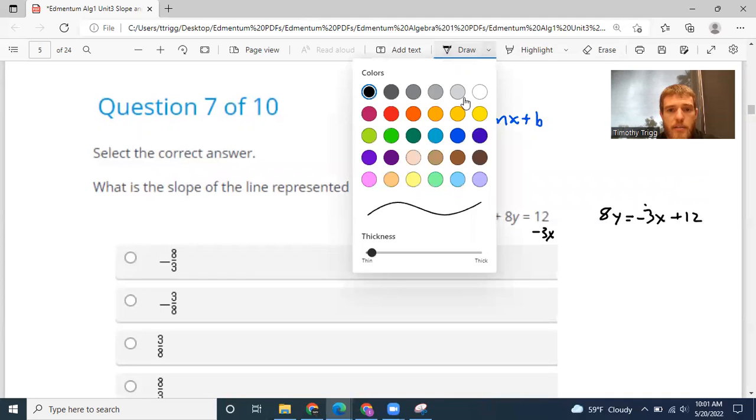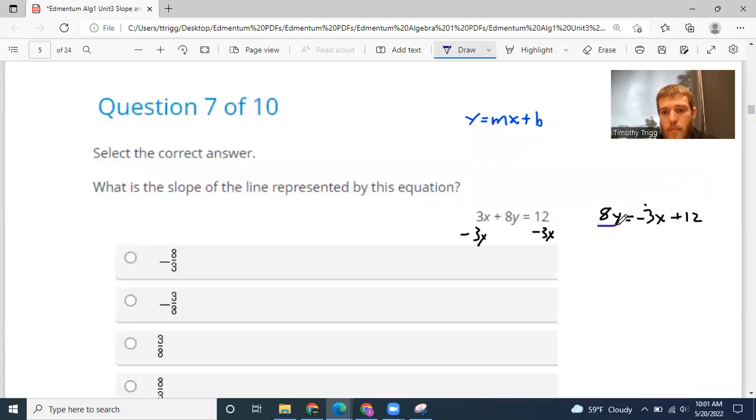Then, last step, divide by 8, which means we divide both of these terms also by 8, giving us y equals negative 3/8 x plus 12 over 8. I can reduce that by 4, so 3 over 2.